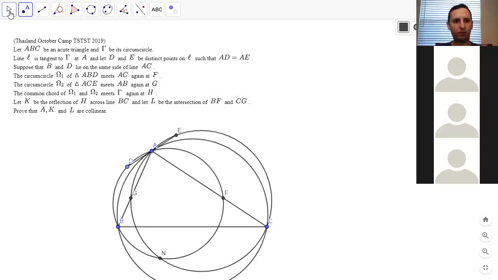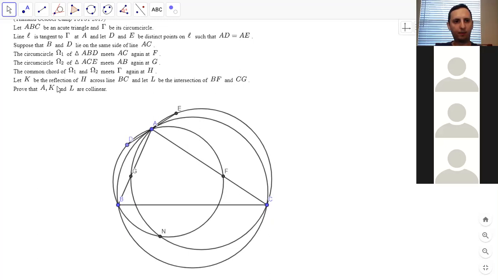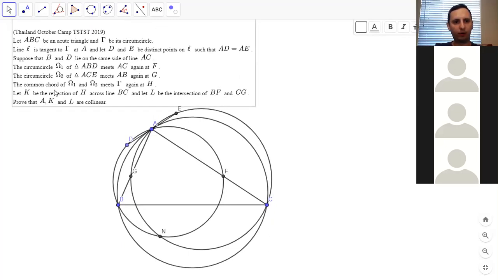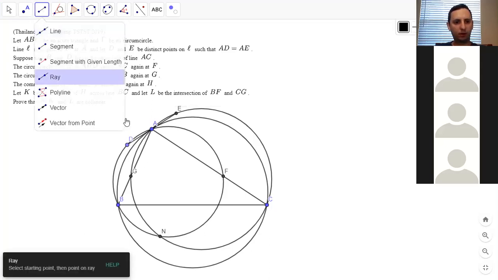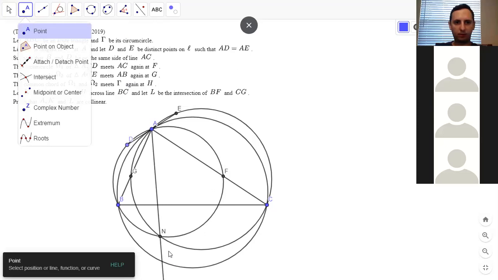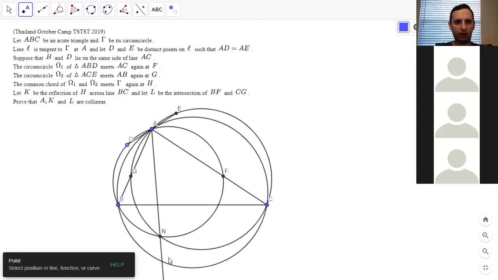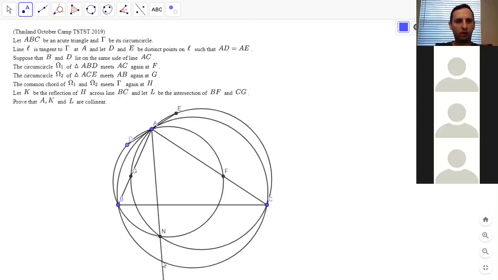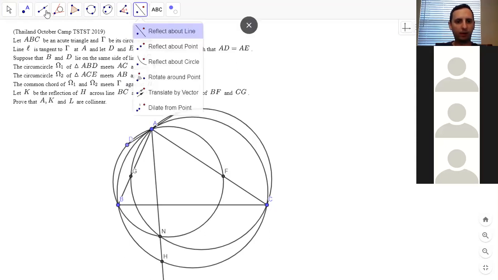So then let me move the diagram just a little bit. We want to see where AN meets the circumcircle of ABC. It meets it at a point H. And then K is the reflection of H across BC.